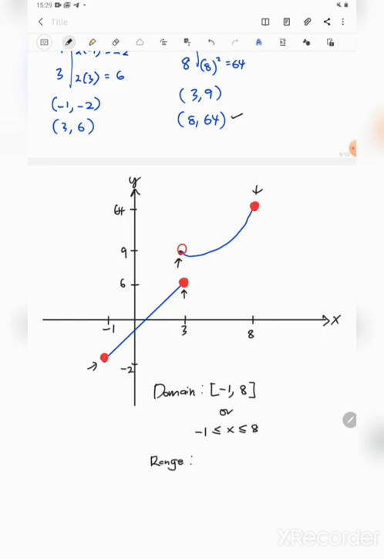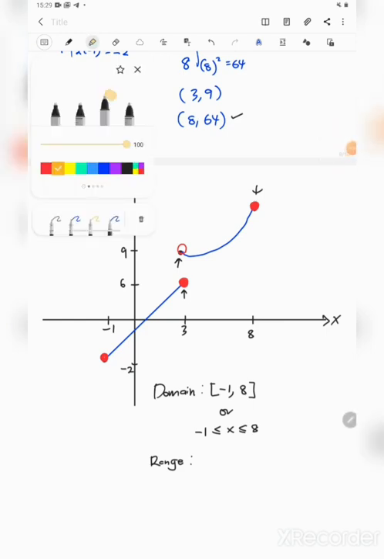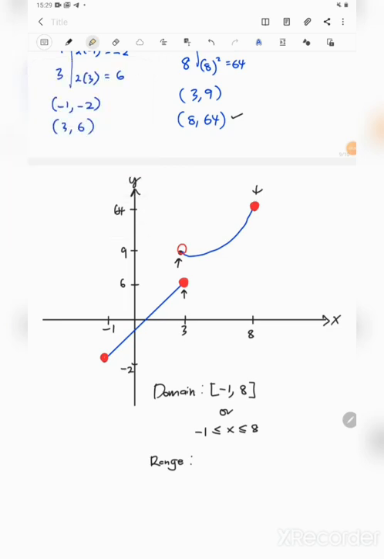For the range, we read the graph from bottom to up. From the bottom, the graph starts from -2. This is the bottom part of the graph, until here.